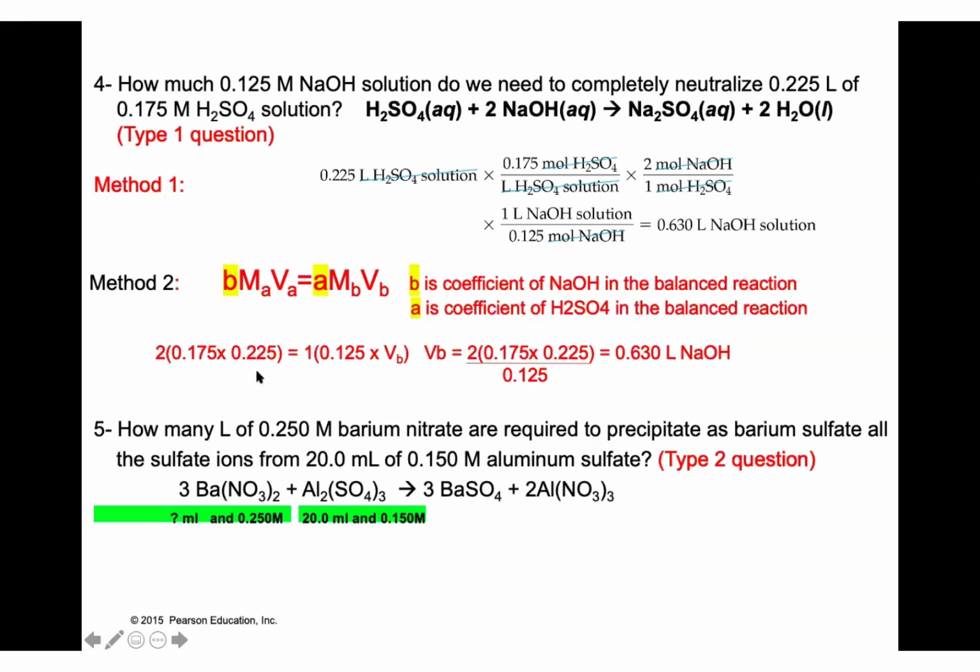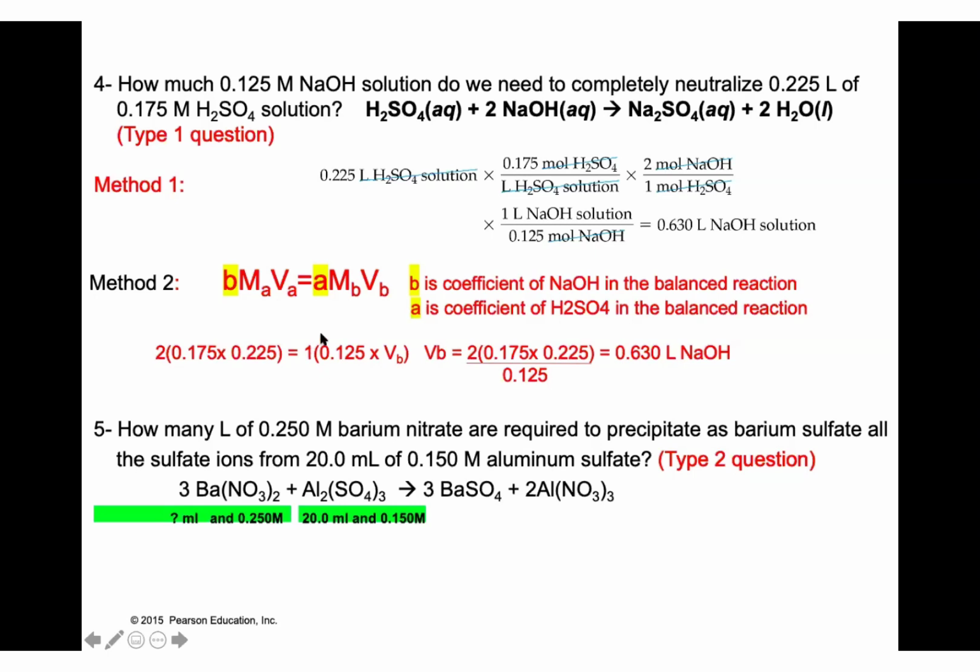So I know that my acid side here is 0.175 molar and 0.225 liter. And what is the coefficient of the base? It is 2. I put it next to it.